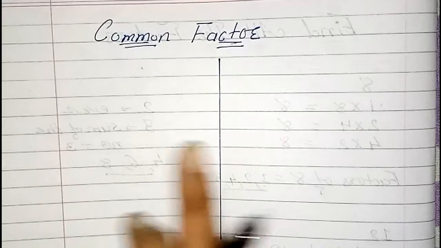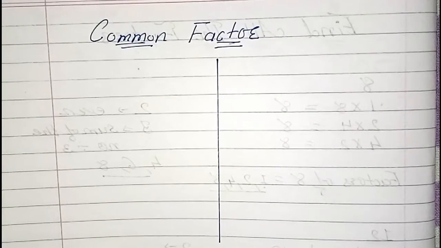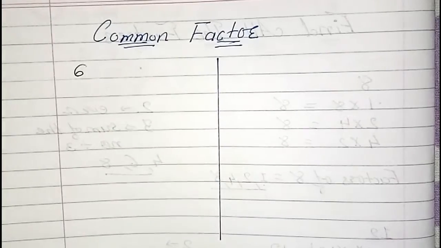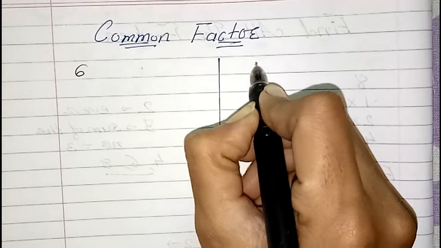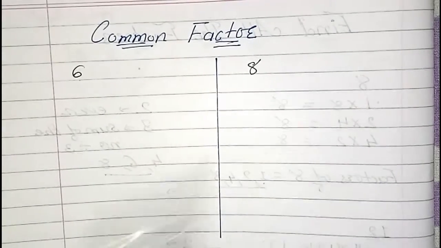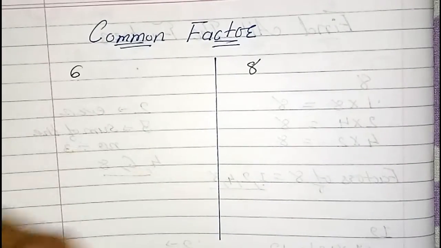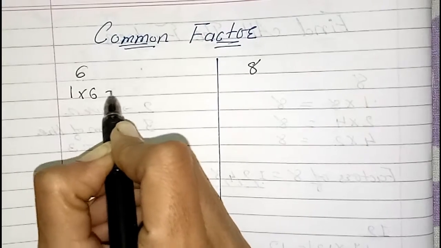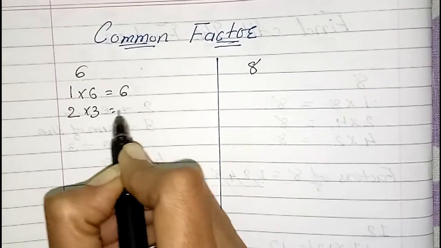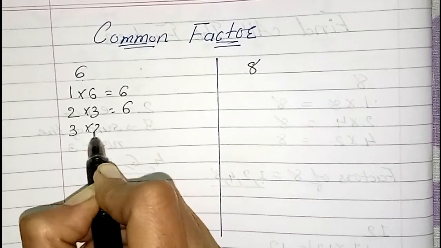Now let's learn common factors. How to find the common factors? First we will take a number 6 and here we can take 8. We will find the factors of 6 and 8. First we will start with 6. 1 6s are 6, then 2 3s are 6 and 3 2s are 6.